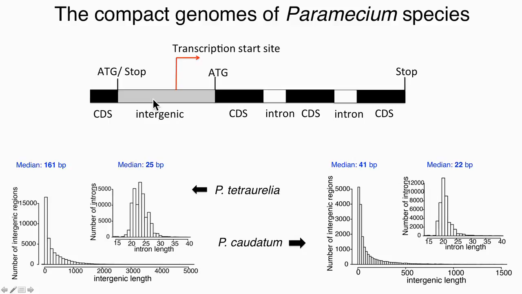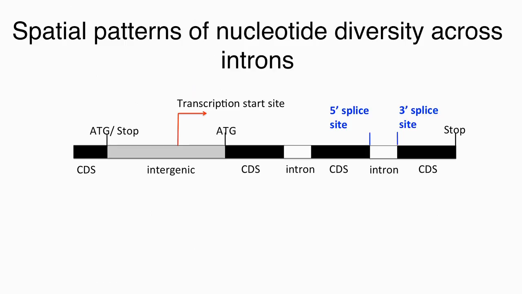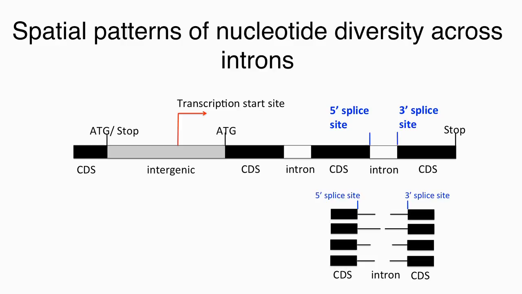So in order to identify specific sites under stronger evolutionary constraints, we evaluated the nucleotide diversity across the non-coding regions, starting with the introns. For the introns, we split each of the introns midway and then aligned them by position based on the 5' and the 3' splice sites.